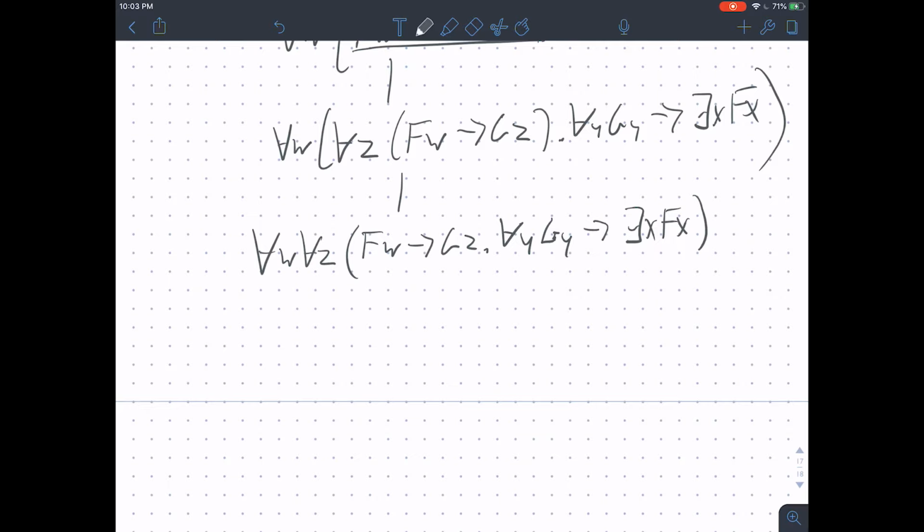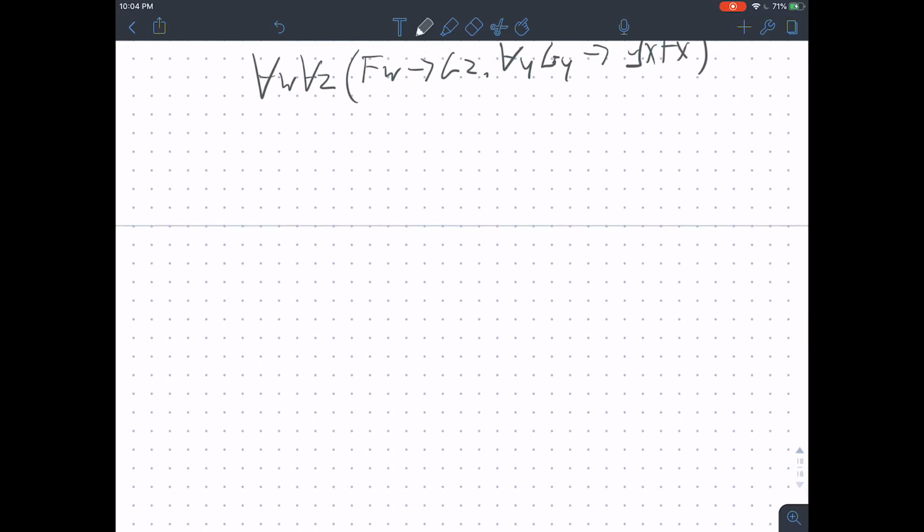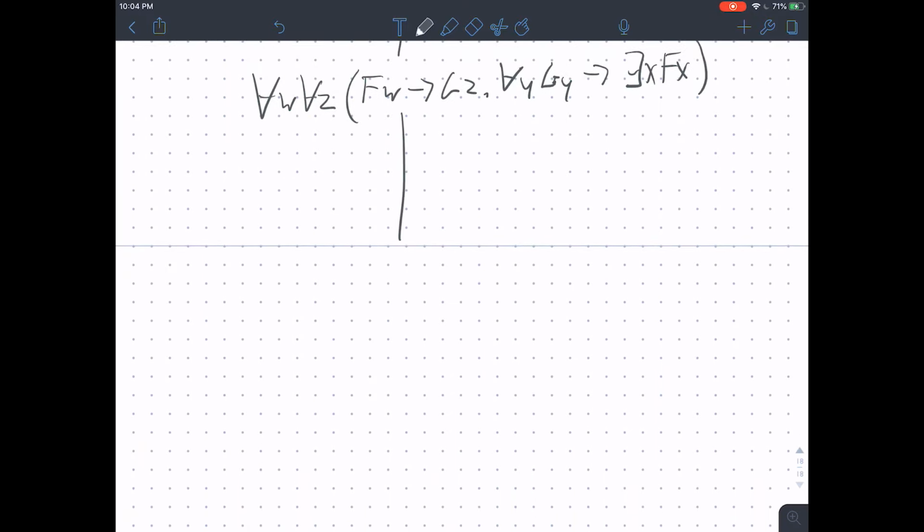Okay. And then we basically just do the exact same stuff to the right side that we did to the left side. So I'm just going to blaze through this in steps because it's pretty much the exact same thing. Starting with the Y quantifier... oh, oops, I screwed up.